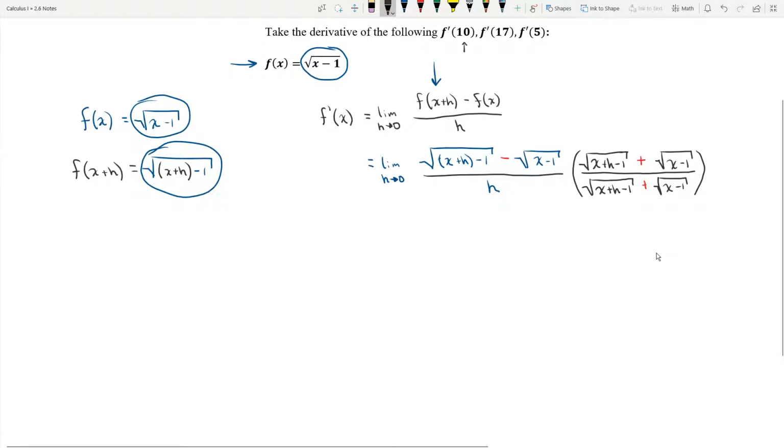So we're now going to multiply through each one of these in the numerator and denominator, still bringing down the limit as h approaches 0. When we multiply our first square root of x plus h minus 1 by the square root of x plus h minus 1, the square roots go away, and we are simply left with the radicand, x plus h minus 1.